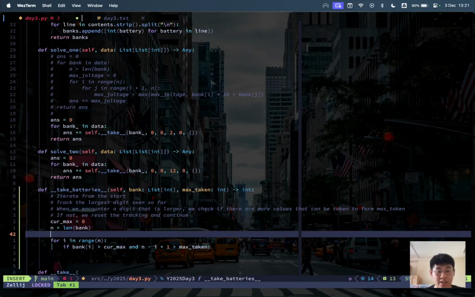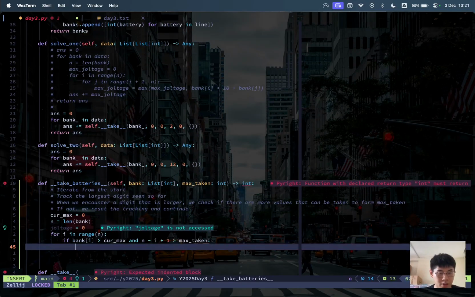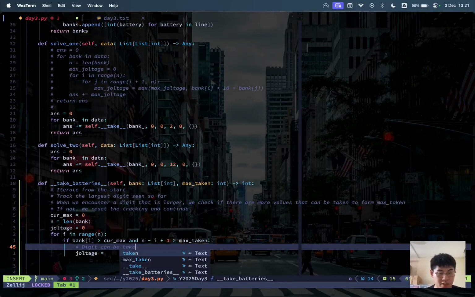Then you would say that the answer, or I guess the joltage, so this is a case where the digit can be taken.